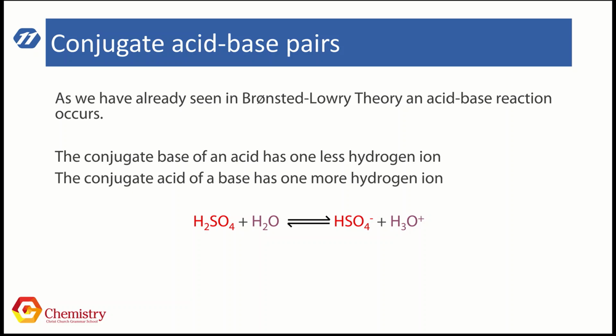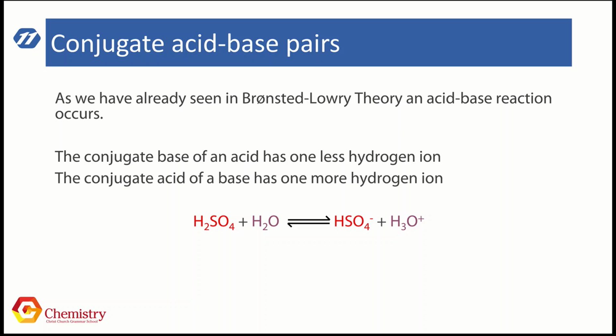Similarly, if you look going from water to the hydronium ion, H3O+, you can see that that has gained one hydrogen, and so the water in this instance is acting as a base going from left to right in the equation.